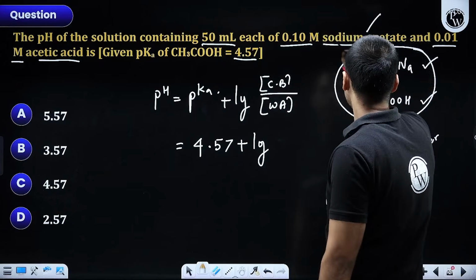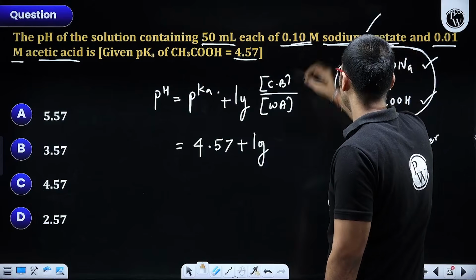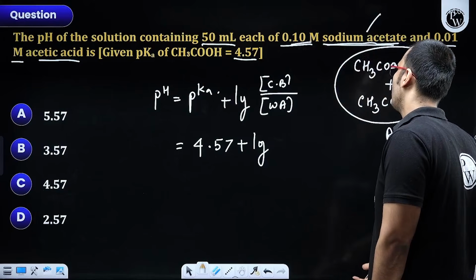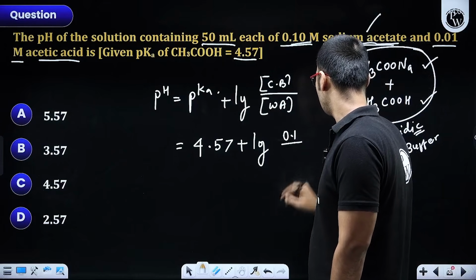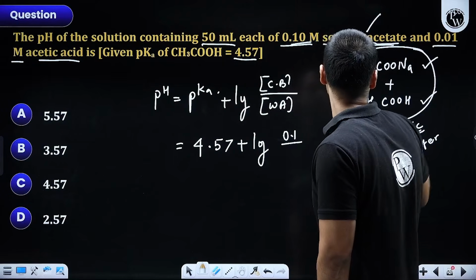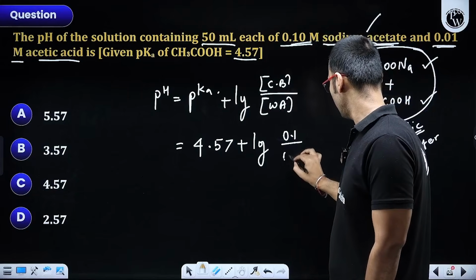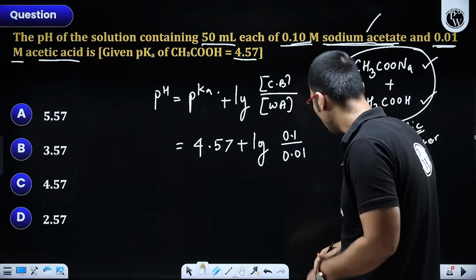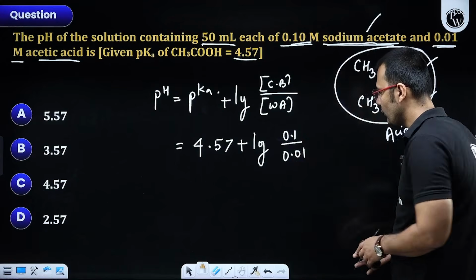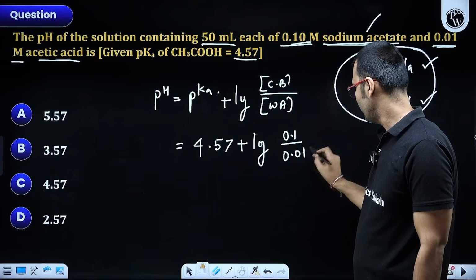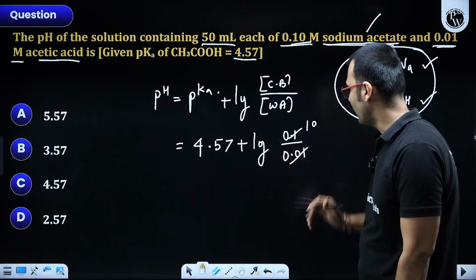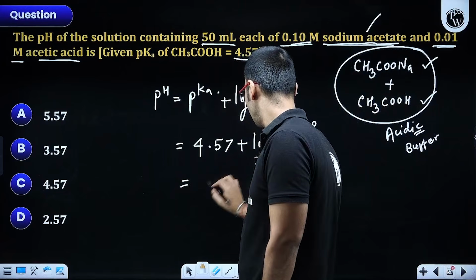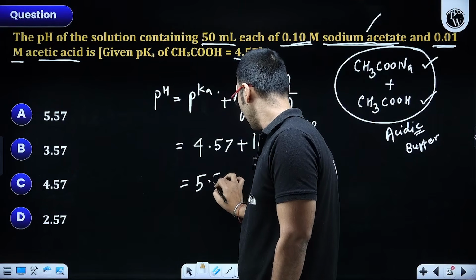If sodium acetate is 0.1 molar, then the acetate ion will also be 0.1 molar. So 0.1 divided by the weak acid concentration, 0.01. 0.1 by 0.01 comes out to 10, and log 10 is 1. So 4.57 plus 1 comes out to 5.57.